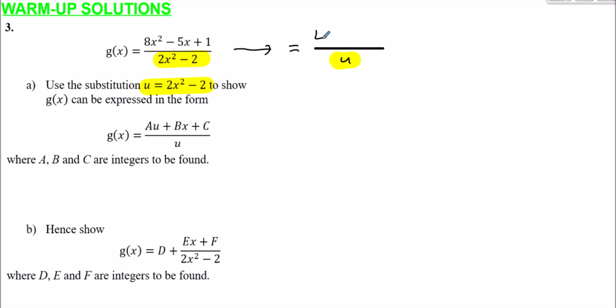So if I write 4u first, we can then think about how to adjust this. Well, 4u is going to be 8x squared minus 8. So I've got 4u so far, which is 8x squared minus 8.